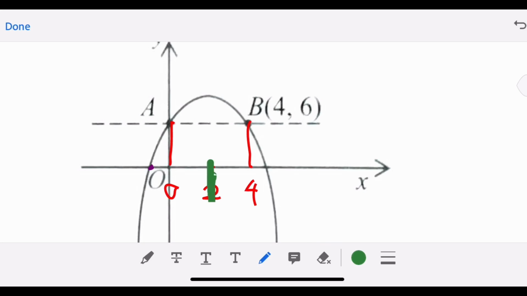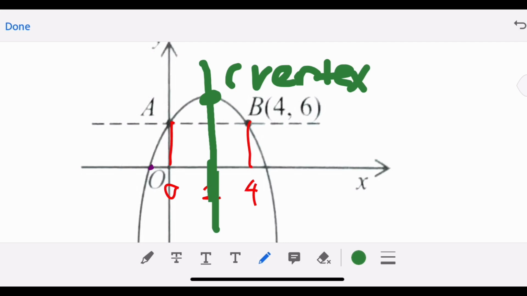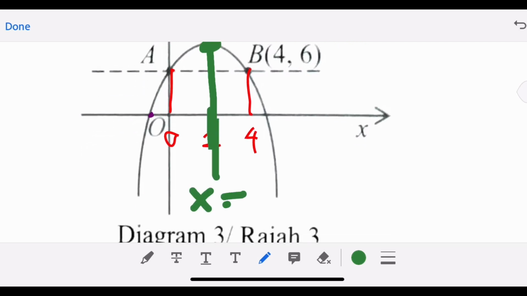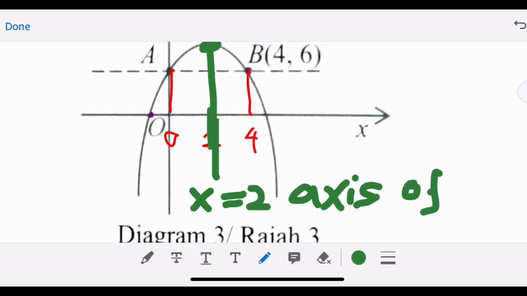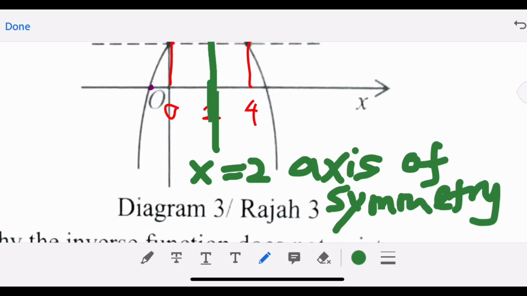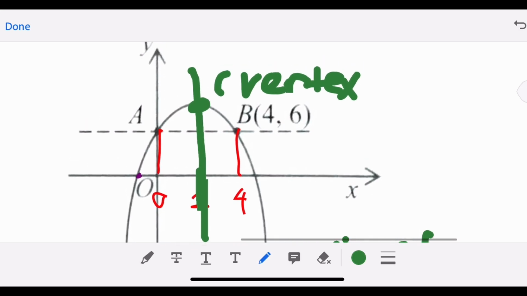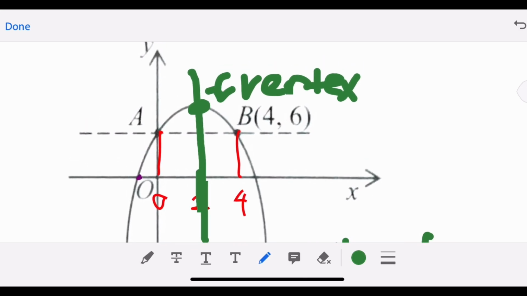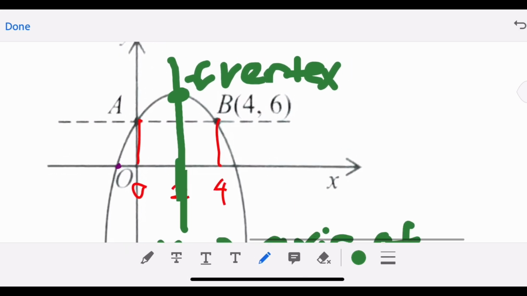If you draw a green line like this, it would for sure go through the maximum point, and that maximum point is the vertex of the quadratic function. The axis of symmetry is x equal to 2, the line that will divide the graph into two symmetrical parts.